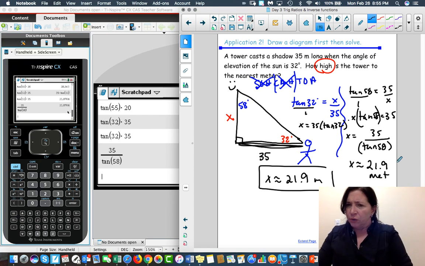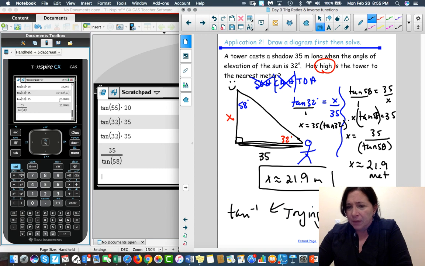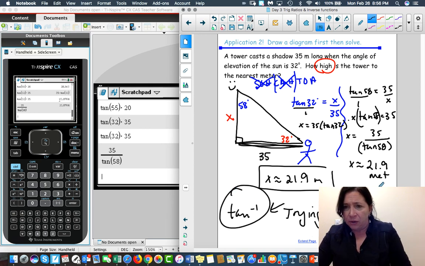Just a quick note. I want you to understand the difference between this problem and the previous problem from a couple of slides back. Remember when I was using arc sine or arc tangent? You only use the arc when you're trying to find an angle.